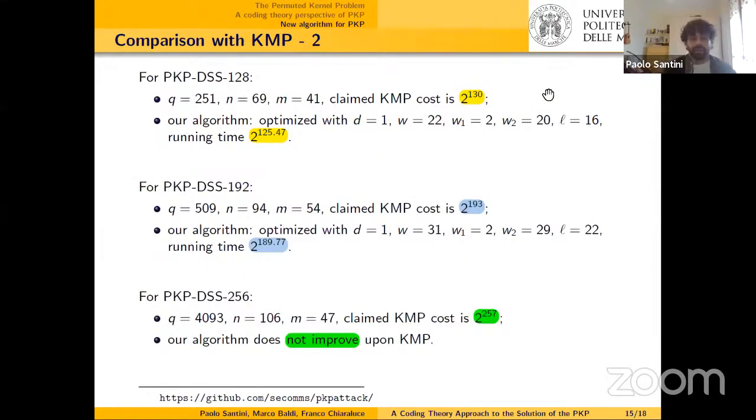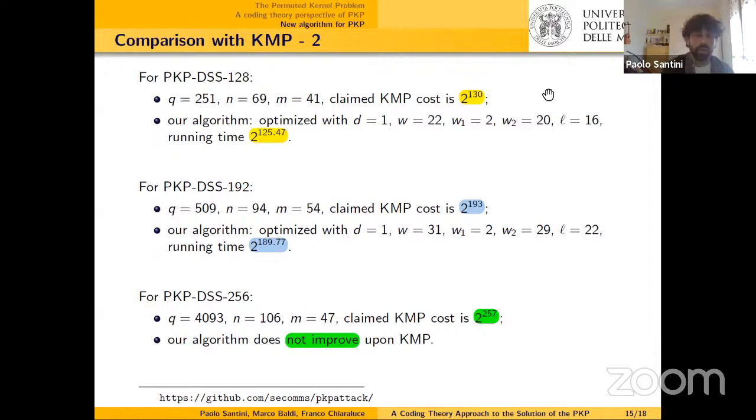Yes, so honestly, I don't know why this instance has been designed in this way, because you can see that the defined field size is much larger than what happens with the other instances. And also the value of m is much smaller than n. So it is smaller than n alpha.